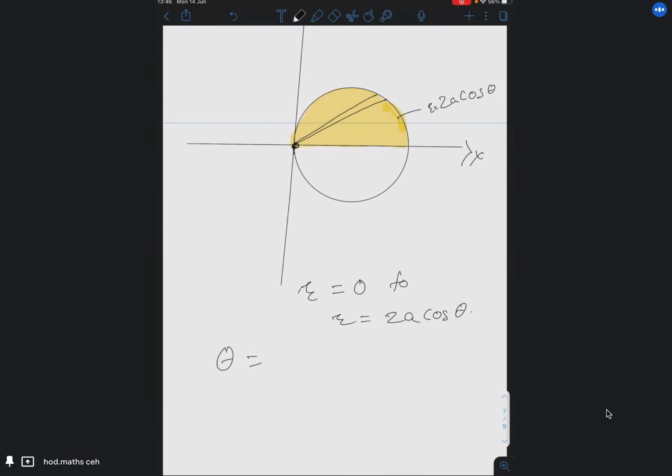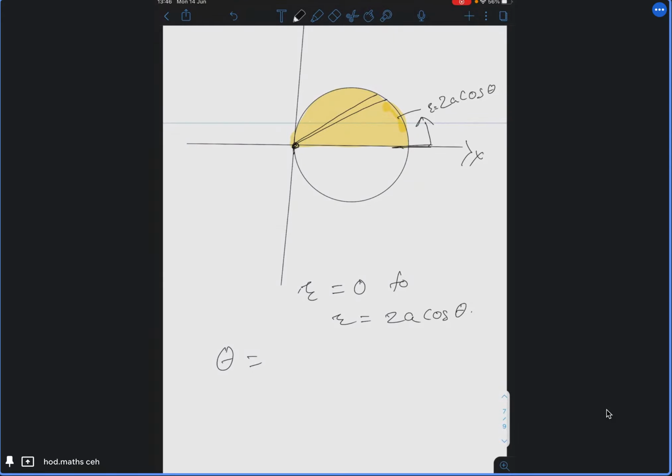To note down the limits of theta, I have to go in the anti-clockwise direction only. So here theta is 0, and here theta is pi by 2. So theta will be 0 to pi by 2.